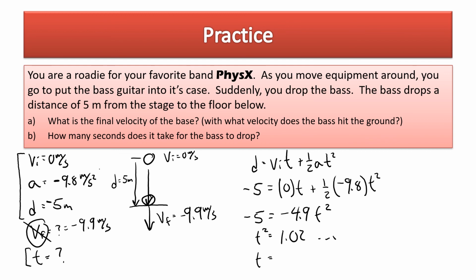Some people don't know that you could do the second answer thing. It's typically above the negative sign. So you do second square root, second answer, and then it'll give you a more precise answer, 1.01 seconds.